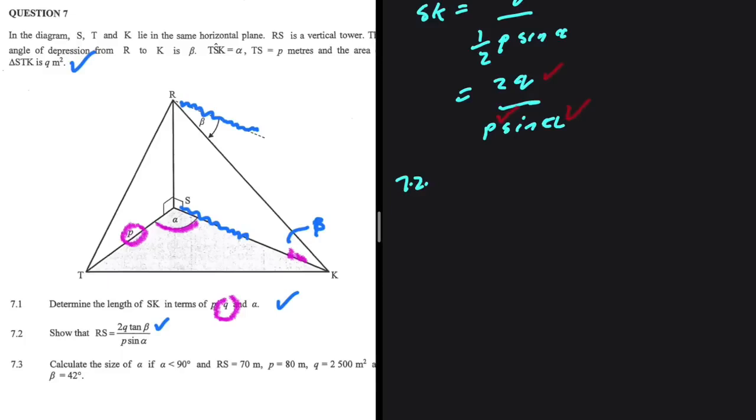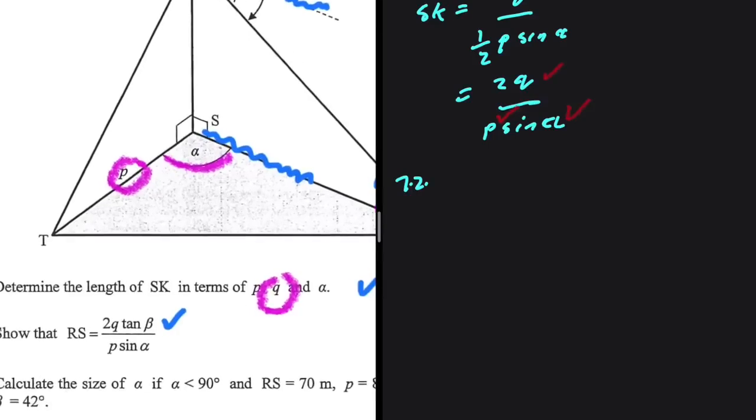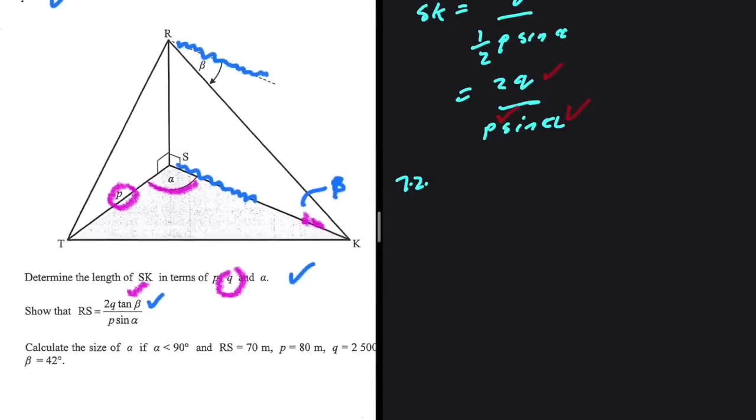So we can use tan, cos, and sine. We can use our trig ratios. In our solution, we have tan of beta, so it makes sense for us to start by trying tan and see if we get to the correct answer. So tan theta is equal to the opposite divided by the adjacent, in triangle RSK.